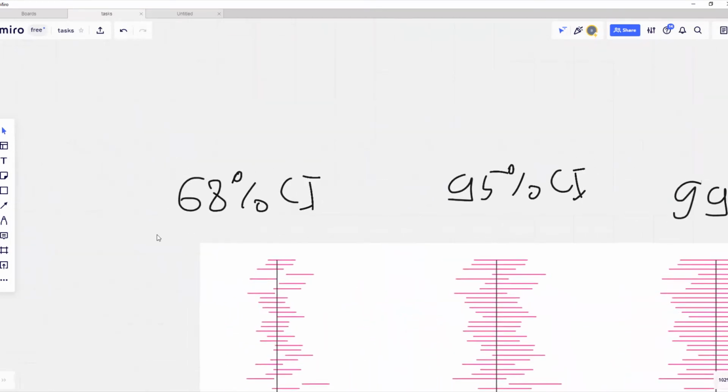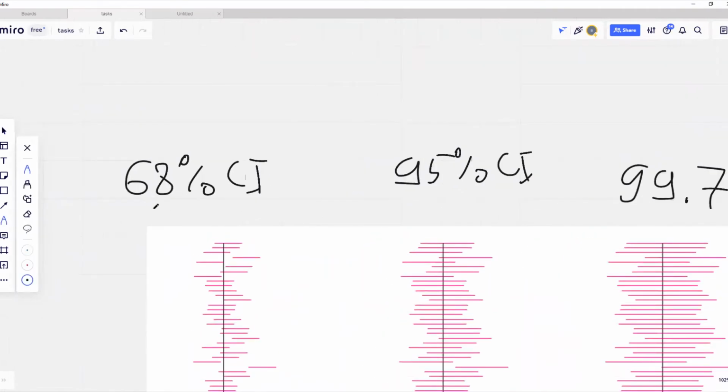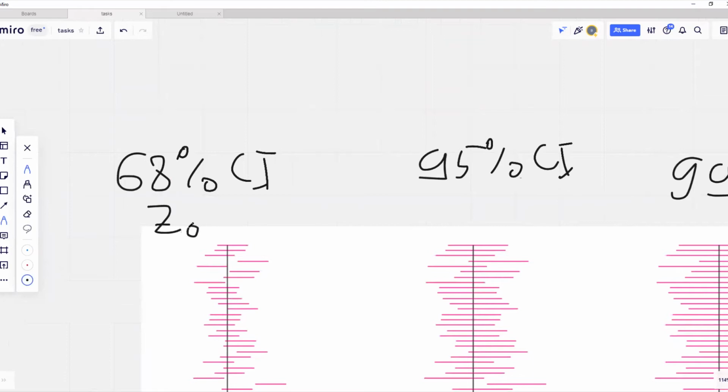So critical values in those cases: the critical value here for Z of 0.16 is approximately 1. In this case of 0.25, Z of 0.025 is approximately 2.